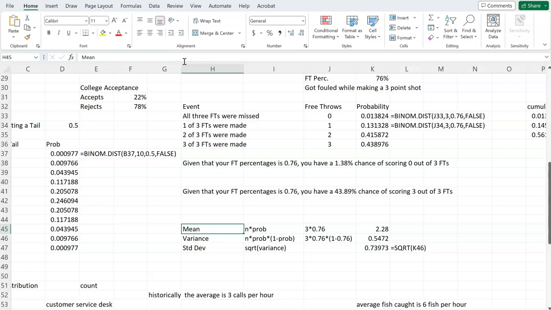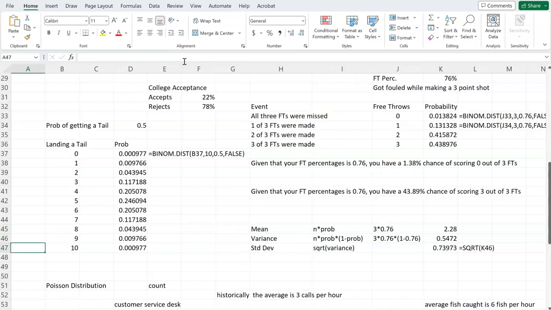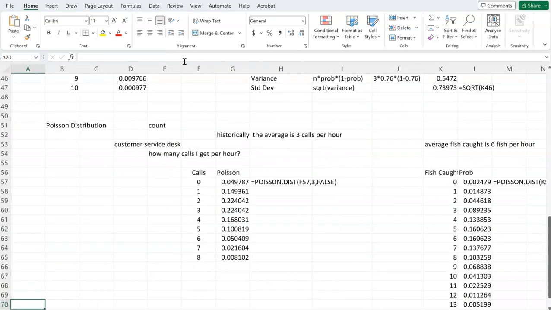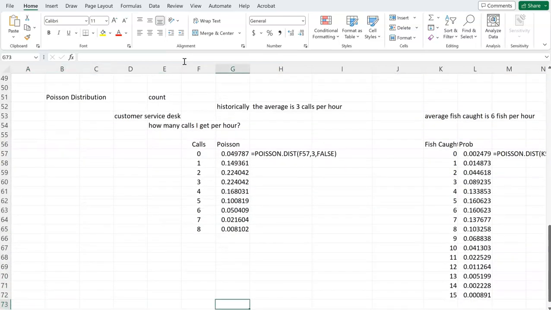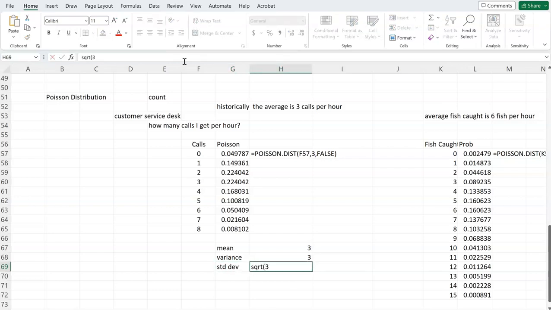So finding the mean, variance and standard deviation of binomial distribution is pretty easy. It's even easier for a Poisson distribution. Here we see that in our number of calls per hour, the mean is 3, and the variance is also equal to 3, and the standard deviation is just going to be the square root of 3, which is 1.732.